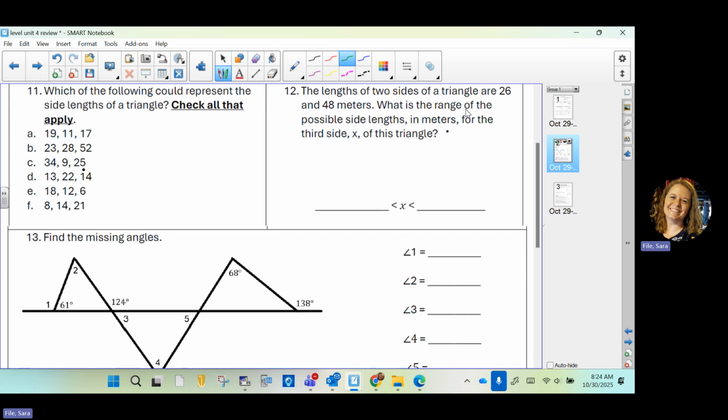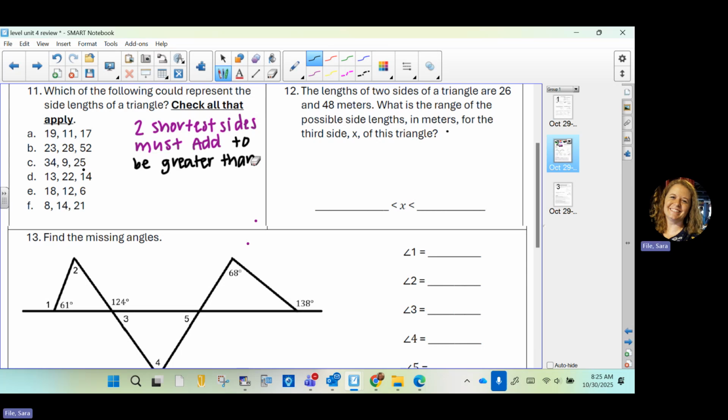Number 11 says, which of the following could represent the side lengths of a triangle? Check all that apply. So we said in the triangle inequality theorem, this was in 4.6, if you need to look back at your notes, that to have a triangle, the two shortest sides must add to be greater than, meaning bigger than, more than.